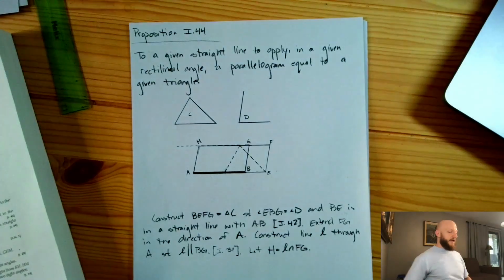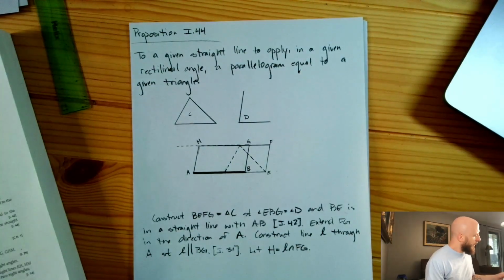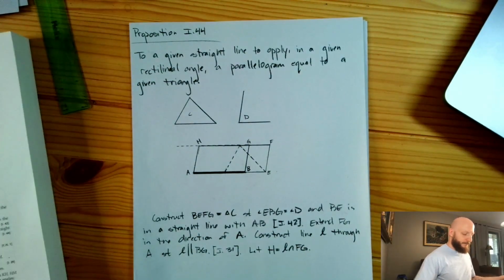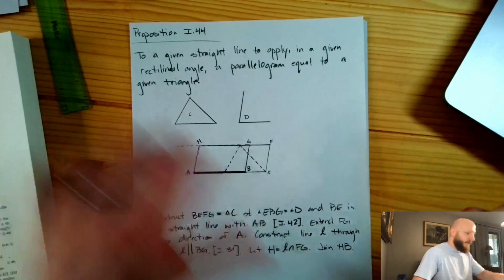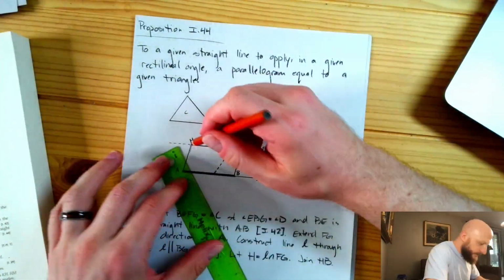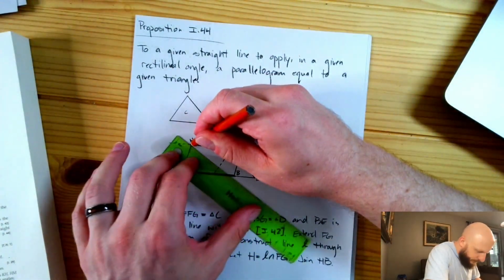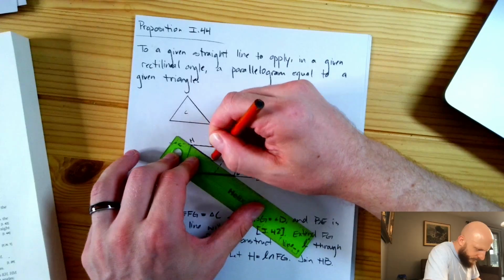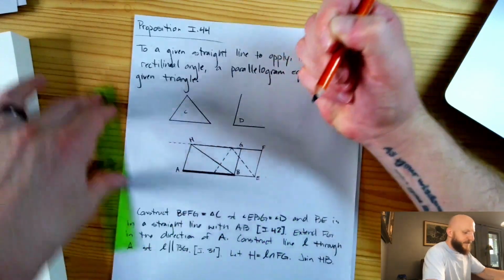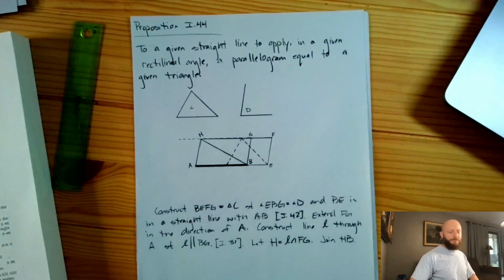Okay, so there's our H. Yes, great. Okay, join HB. Again, that's just postulate 1, no biggie. It's like kiddo stuff at this point for us. There's HB. It's the diameter of that little parallelogram.